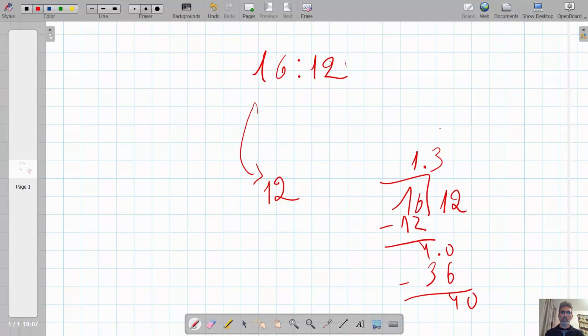So I guess it's 1 and 1/3. But 4 over 12 can be simplified as 1/3. So to go from 16 to 12, we divide by 1 and 1/3.